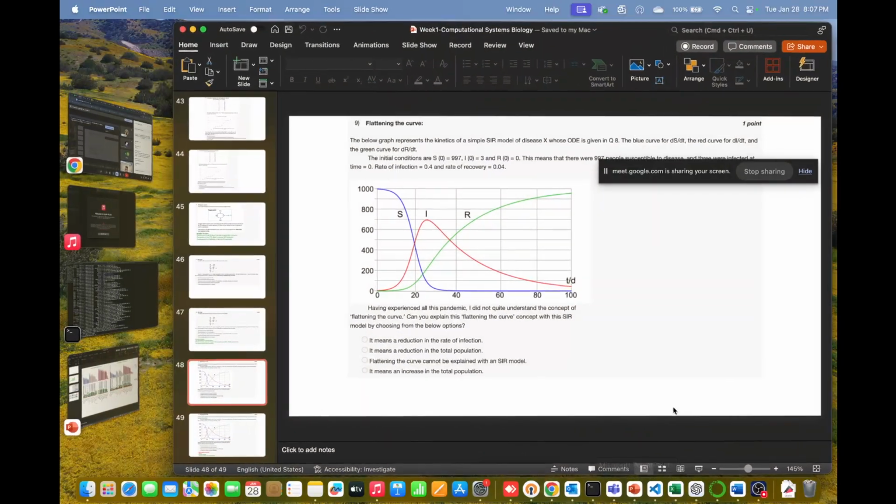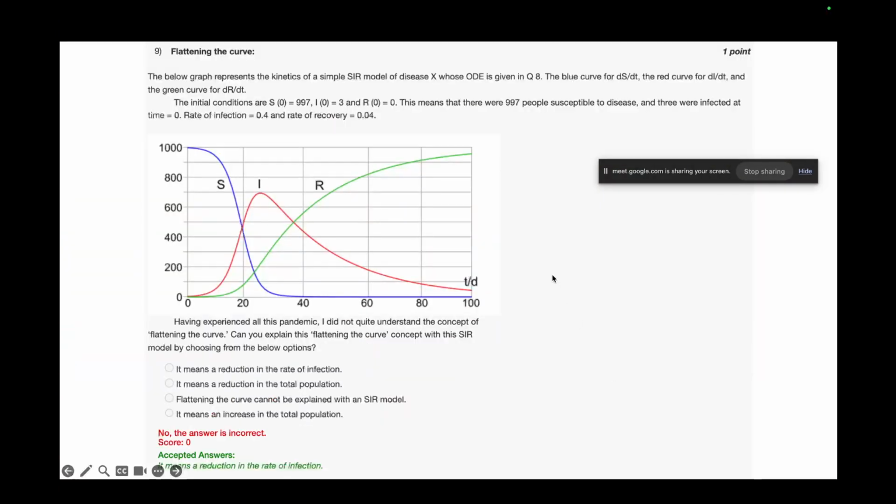Okay. So let's discuss this. The question looks very big, but it's actually a very simple question that they're asking. The information given in the question is very important, because you see these S, I, and R curves. This is how, during the pandemic, we used to predict what percent of the population is susceptible, how much of it has been recovered, and everything.